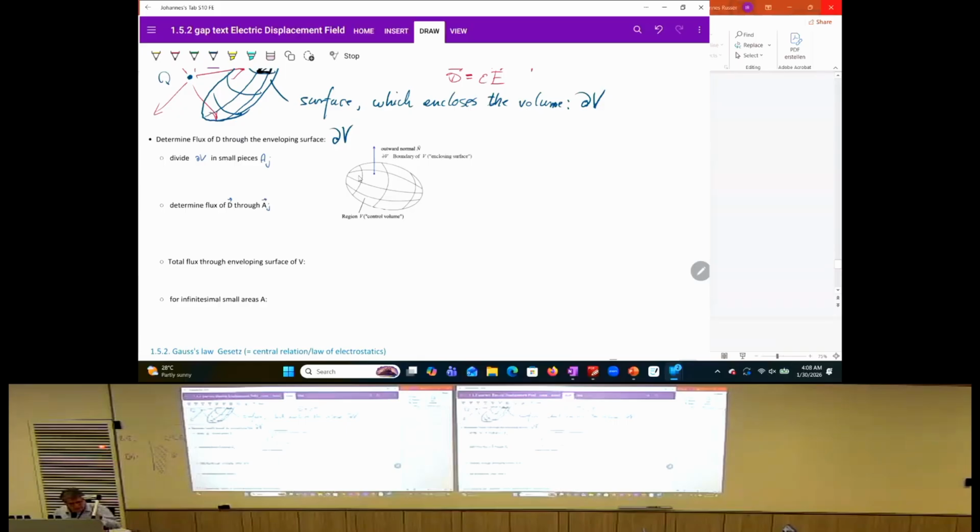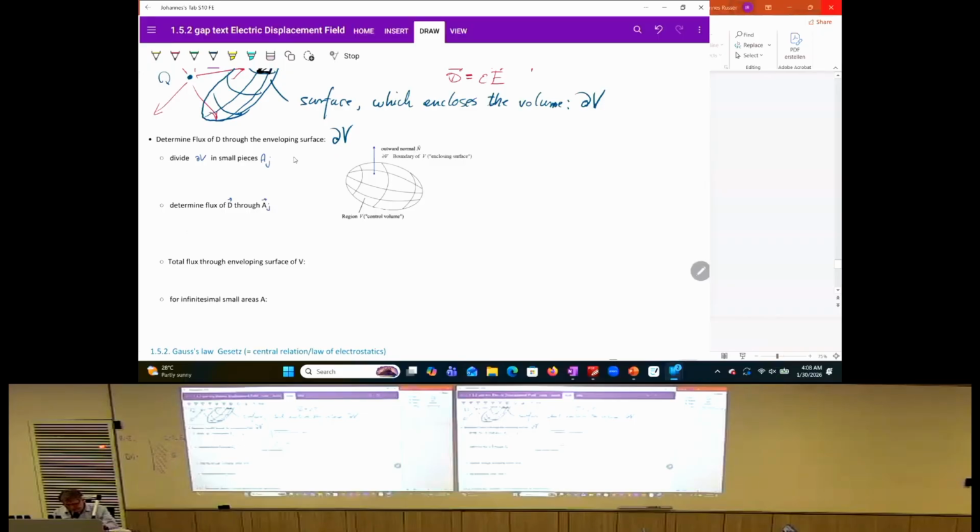Then how you go about it, you first divide this enveloping surface into small pieces, small surface segments, which we denote here as A sub j. Each of these elements has a certain area and it has an orientation. The orientation is given by the normal vector to this area.